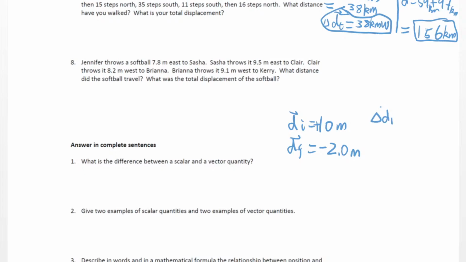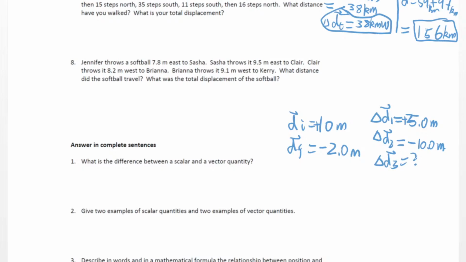Displacement number 1 is positive 5. Displacement number 2 is negative 10. And the mystery trip is displacement 3. This could be my question.